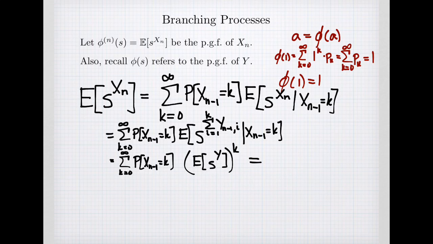And so this is equal to actually the probability generating function for the n minus 1 generation, and what's taking the role of s is actually the probability generating function of y.